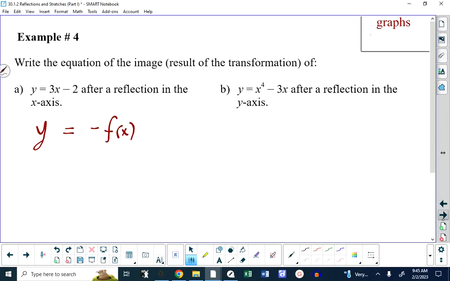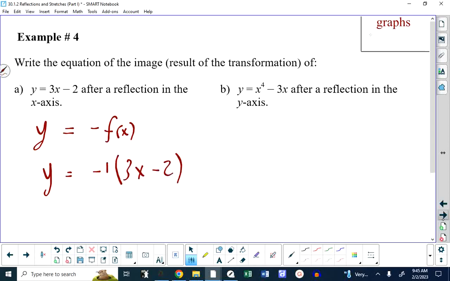I would like you to kind of take the concept of writing negative y equals f of x and throw it in the garbage. I don't think it's that useful. It's more important to just remember a vertical reflection, you multiply the whole function by -1. So this becomes y equals -1 times 3x minus 2.